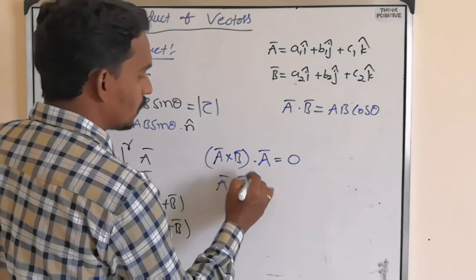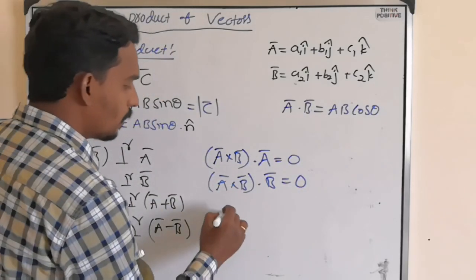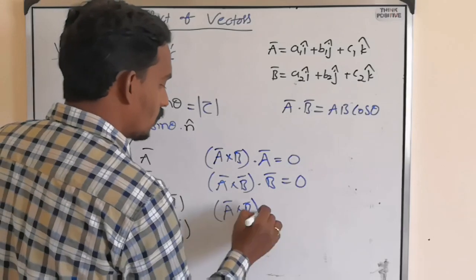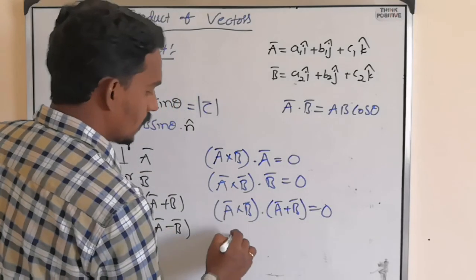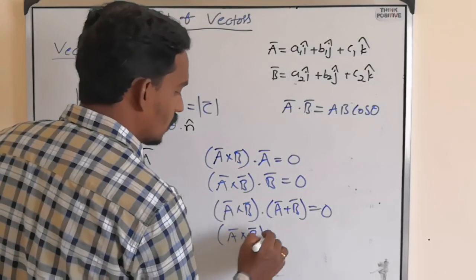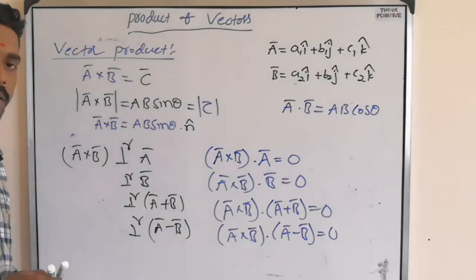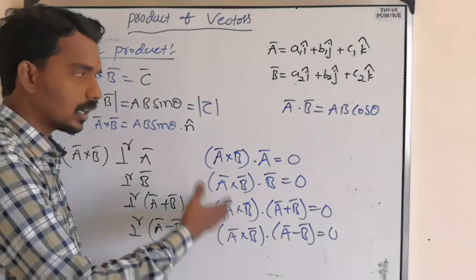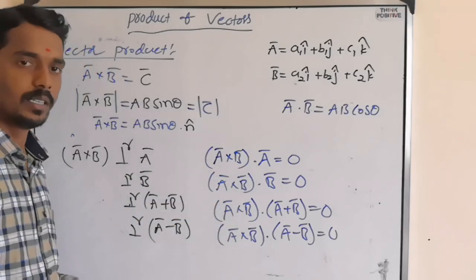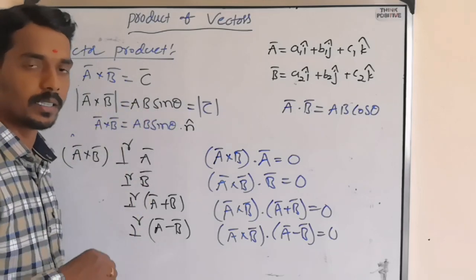A bar cross B bar dot B bar must be 0. A bar cross B bar dot A bar plus B bar must be 0. A bar cross B bar dot A bar minus B bar must be 0. So this is the cross product definition. A dot B is AB cos theta, A bar cross B bar is AB sin theta.